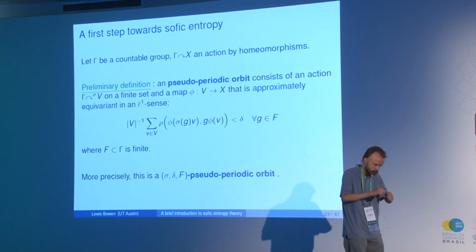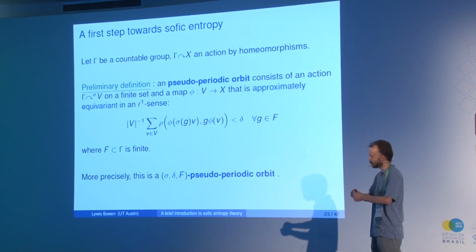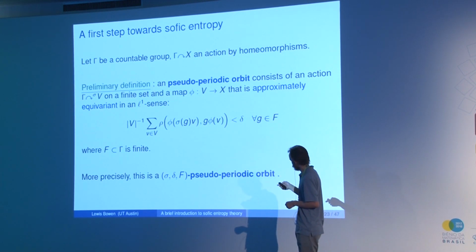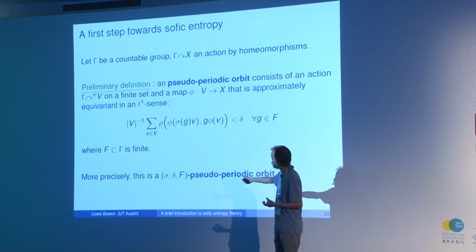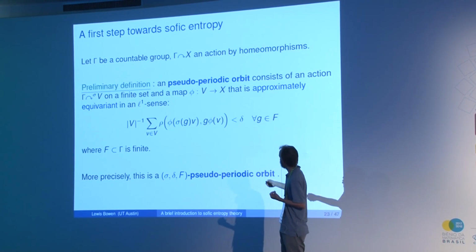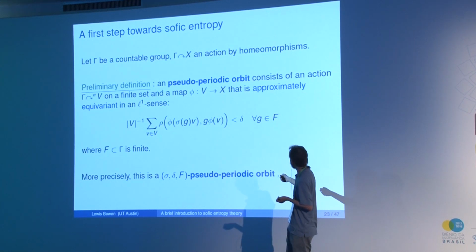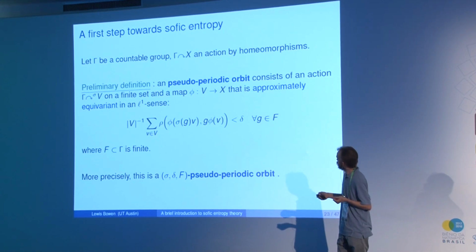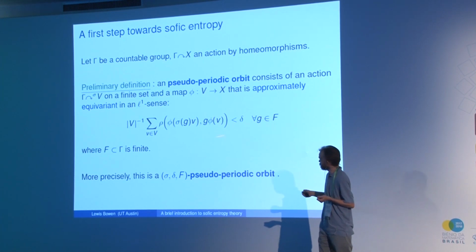We will need to make a few minor changes later on. So first, let's say that we have an action on a finite set, and we have a map from that finite set into X, and it's approximately equivariant in this L1 sense.